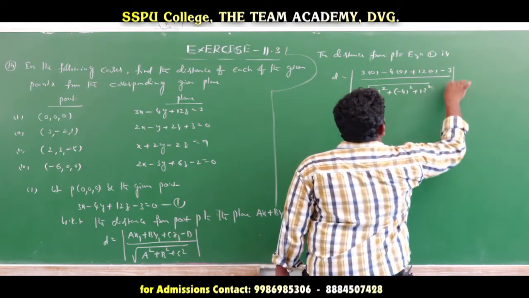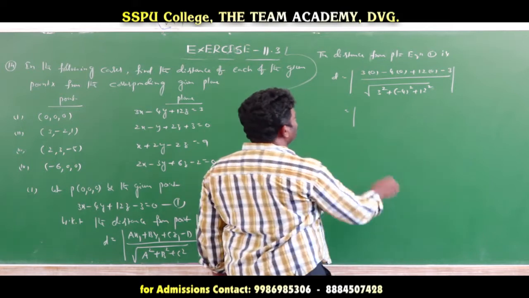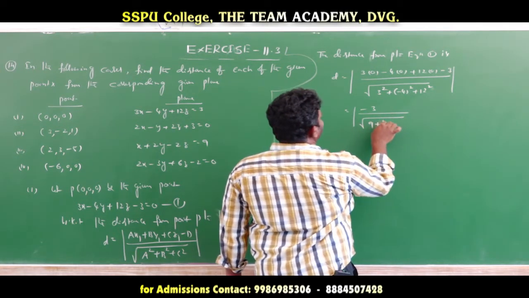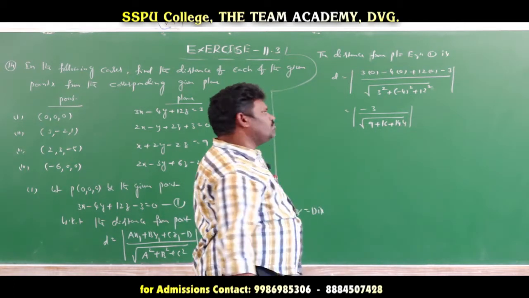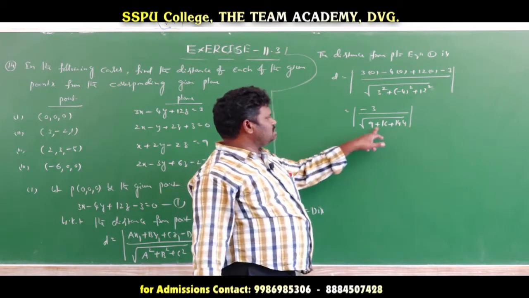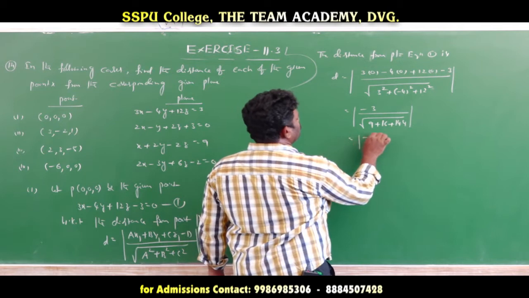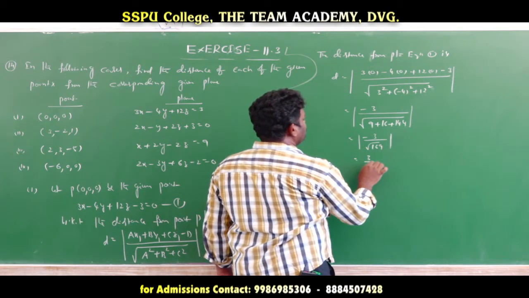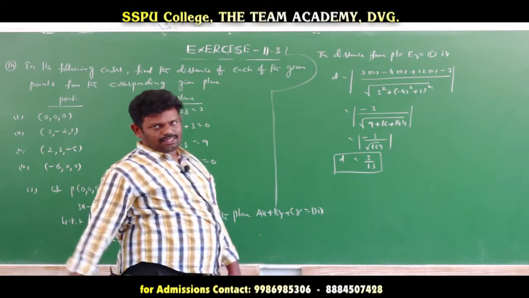Simplifying, the numerator is only minus 3, divided by the square root of 9 plus 16 plus 144. 9 plus 16 is 25, and 25 plus 144 is 169. So it is modulus of 3 by root 169, that is 3 by 13. So d is equal to 3 by 13.